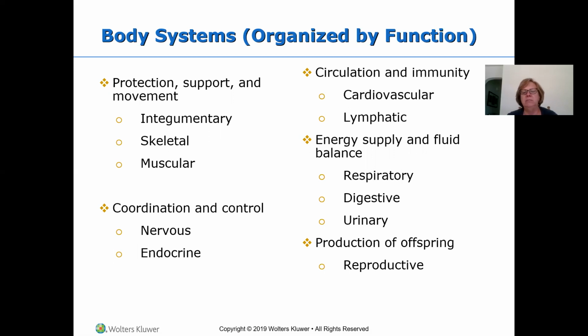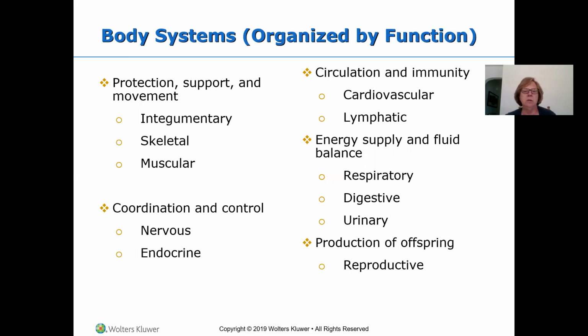And then for energy supply and to maintain that fluid balance, there's the respiratory, the digestive, and the urinary systems. And then, of course, we have the reproductive system for the production of offspring.